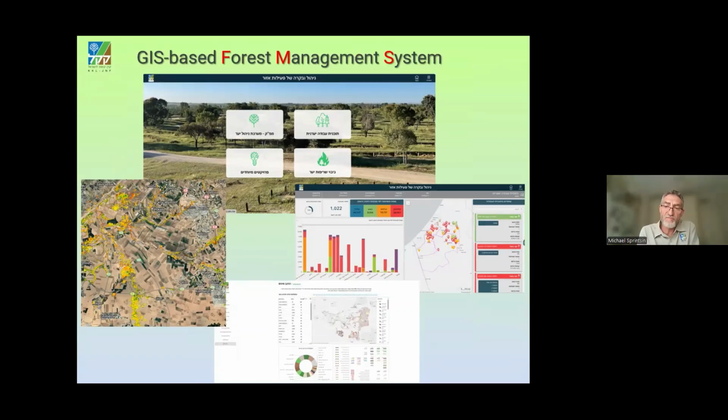It is a real-time monitoring system that saves time and many other resources at different levels. This is the front page, again in Hebrew, but it doesn't matter, and all those around it are parts of this system, starting with the annual plan for the region, or inventory over the entire country, and of course fuel moisture content as a preparation for fire season.